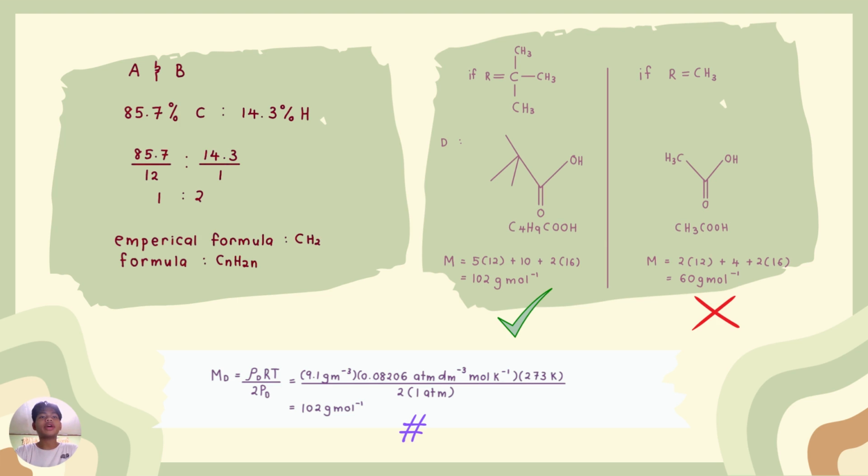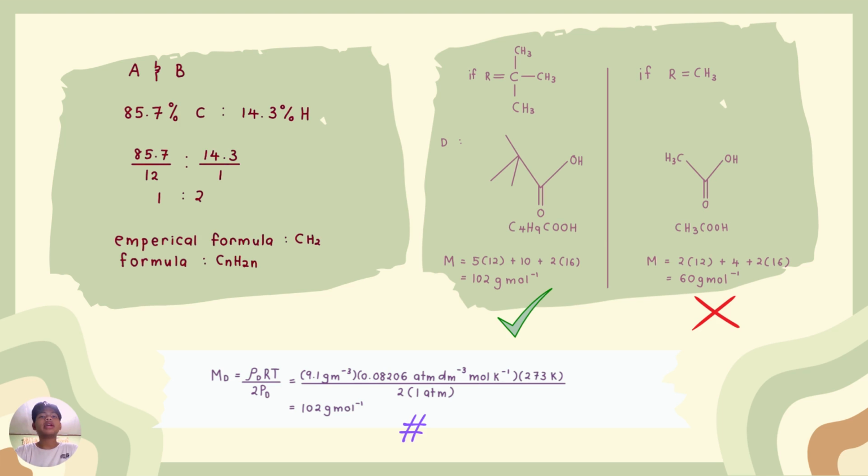Next, we find the molecular mass from the ideal gas equation. We include the division by 2 here because structures A and B undergo ozonolysis and the R group will split into 2. Then we get the molecular mass of 102 grams per mole.